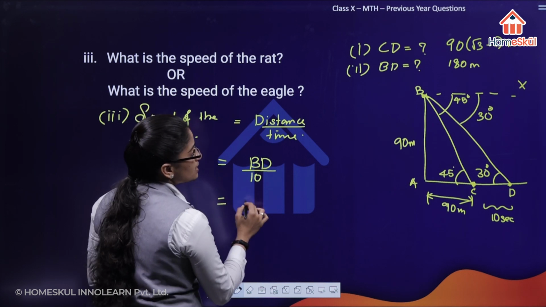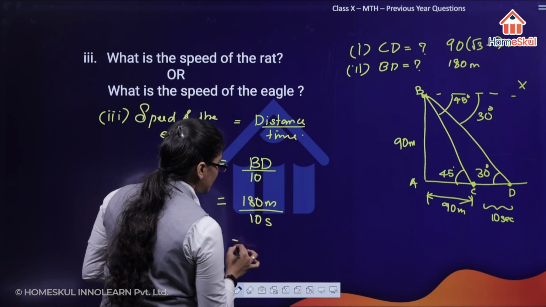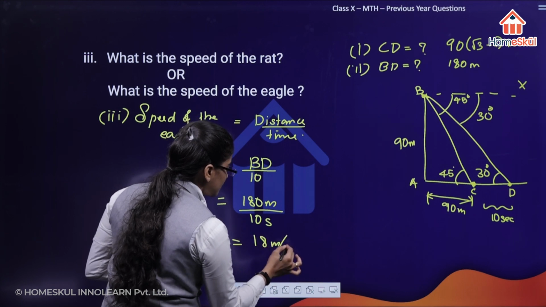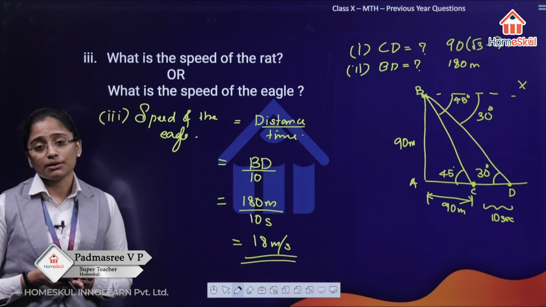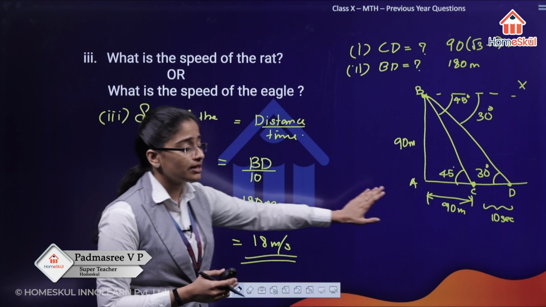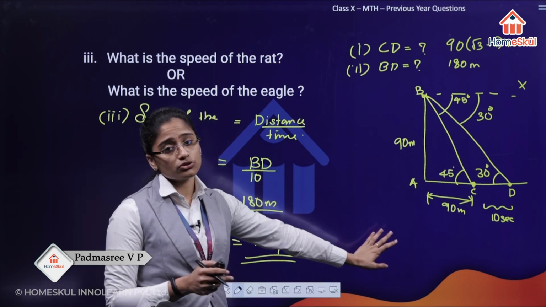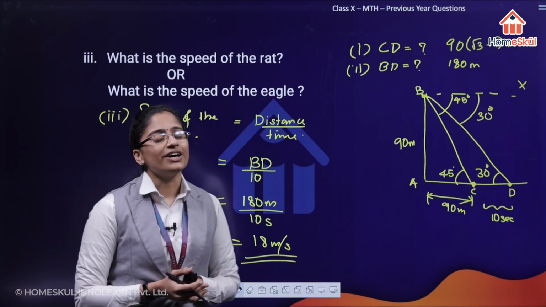So 180 meter by 10 seconds will be 18 meter per second. So the speed of the eagle is 18 meter per second. Okay. So it is a very easy question. Make sure that you draw the rough diagram correctly. Then it is very easy to solve. Okay. So I hope this session is very clear and very useful to you. Thank you.